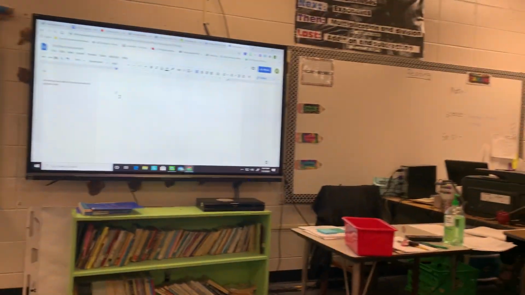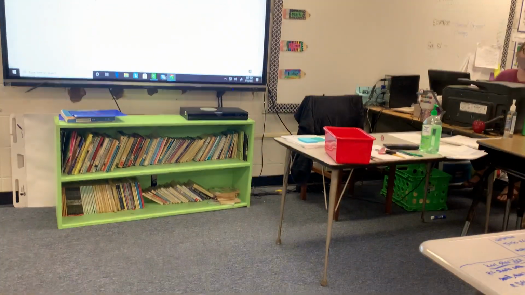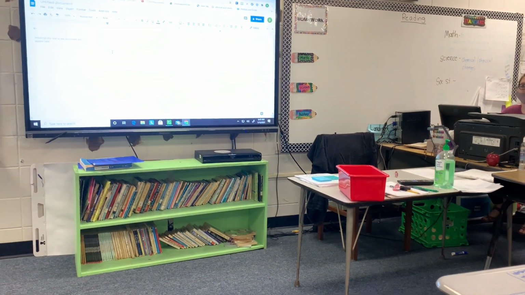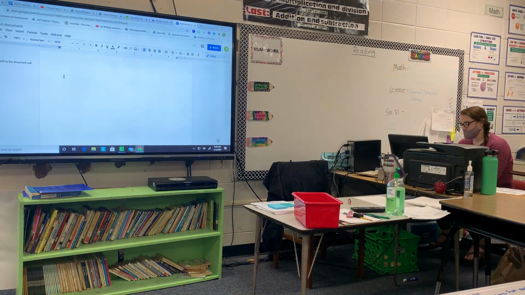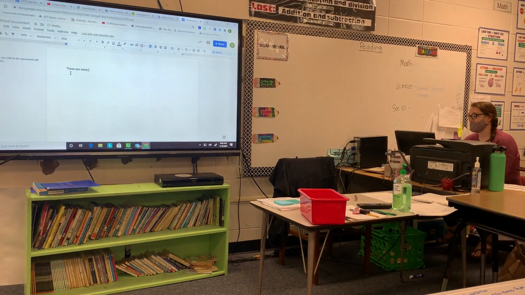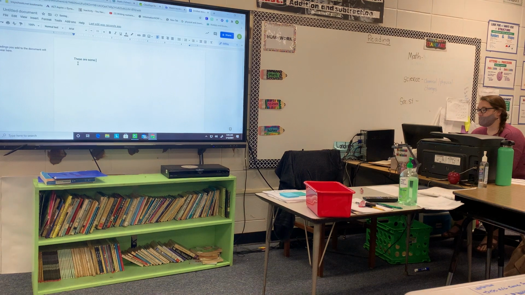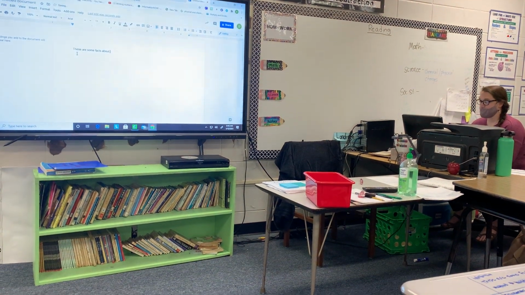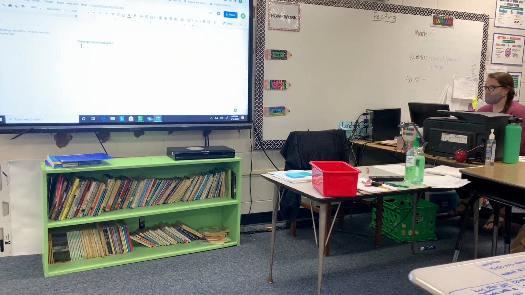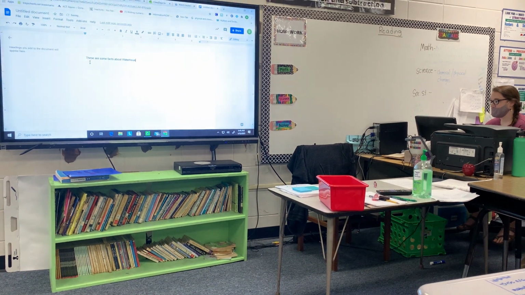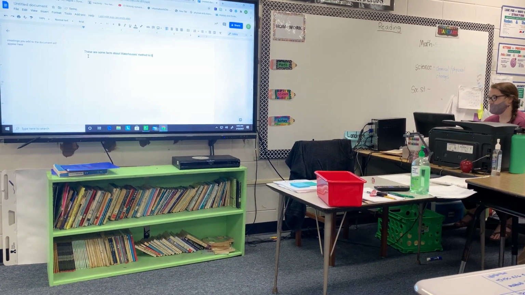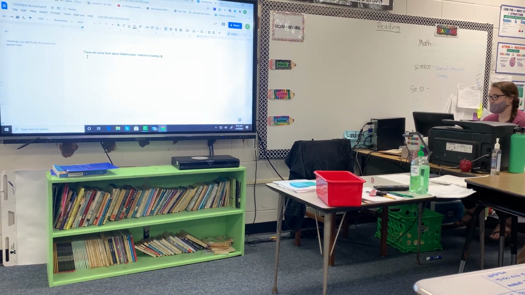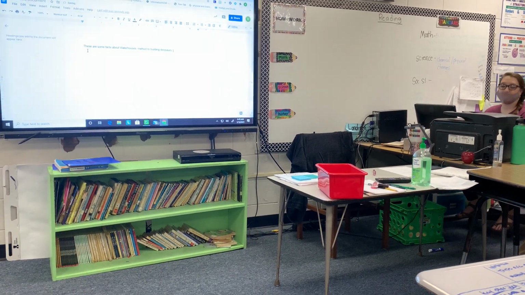Okay, our topic sentence. What's our first sentence? These are some facts about Waterhouse's method to building dinosaurs. Key star idea 1.